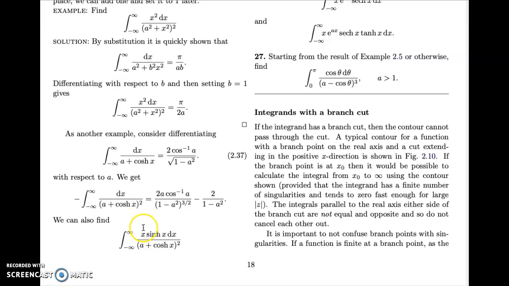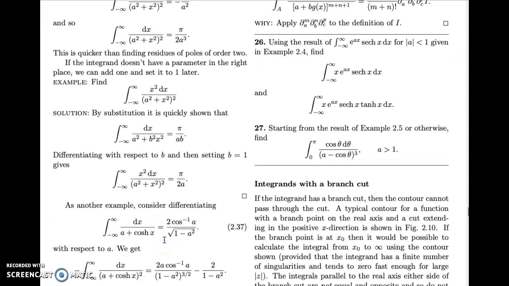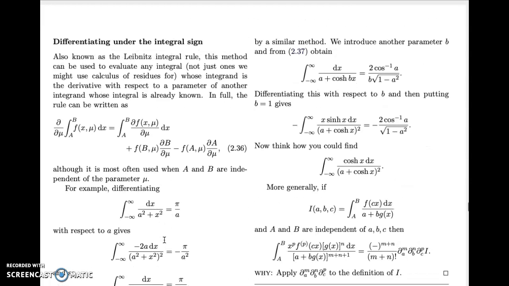So that's what we got upstairs, and we can set the b equal to 1 later. So okay, we introduce another parameter b, using the same sort of change of variables, and then differentiate with respect to b and set b equal to 1.